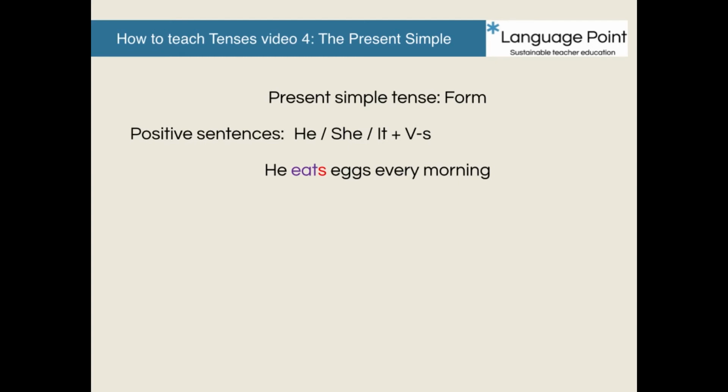More often than not, learners will use the infinitive form for every person, so that's a common fossilized error which comes from early stages of study and a lack of correction at early stages of study. And we can change that pronoun to she, and it stays the same. She eats, or it doesn't eat generally, so we can change the verb. It rains a lot in spring, with that S on the end of the verb.